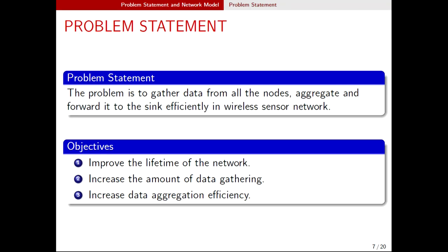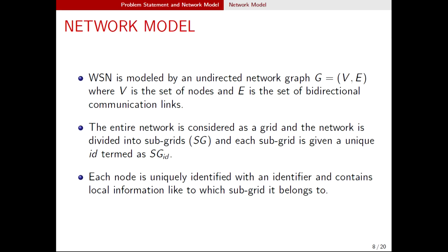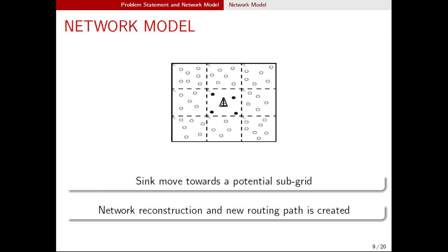With this problem and the given set of objectives, we proposed a network model of this kind. We had an undirected network graph represented by G equals (V, E), vertices and edges, and the entire network was considered like a grid, as shown in this figure.